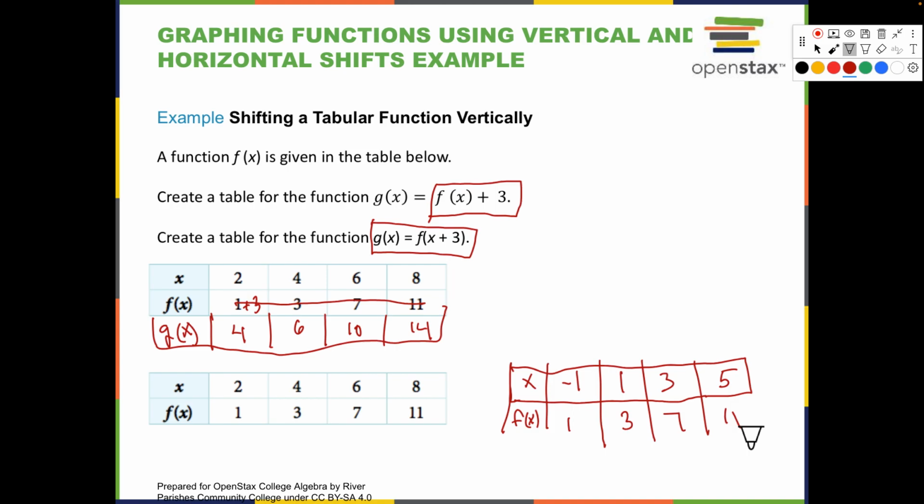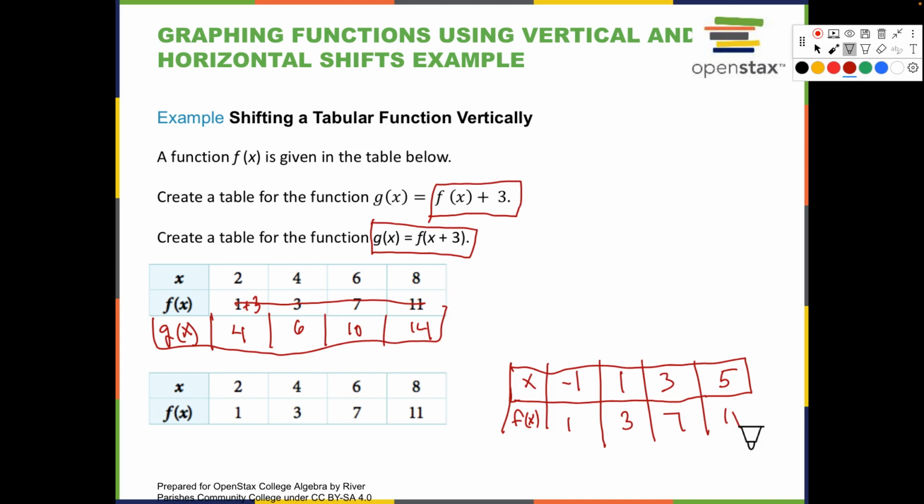Yes. So when it's inside the function, everything is opposite. You're doing the opposite operation, plus or minus, to make it all happen. Why is it like that? I really don't know.